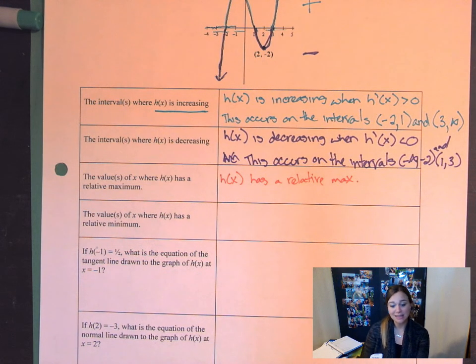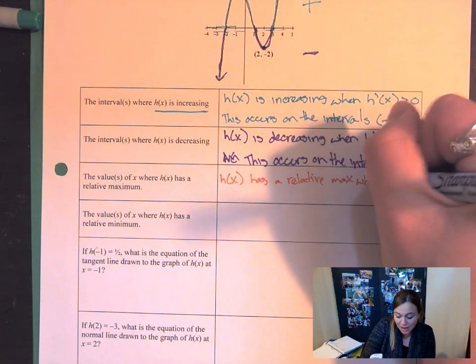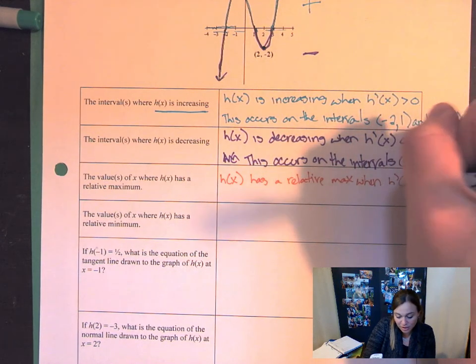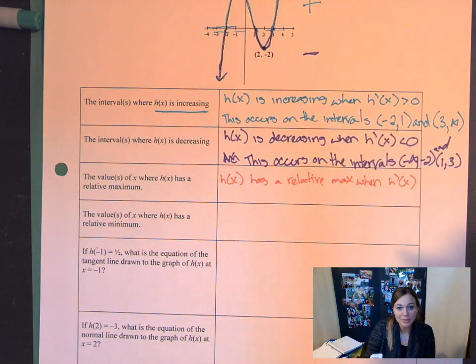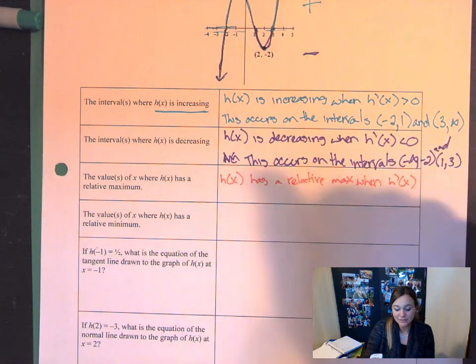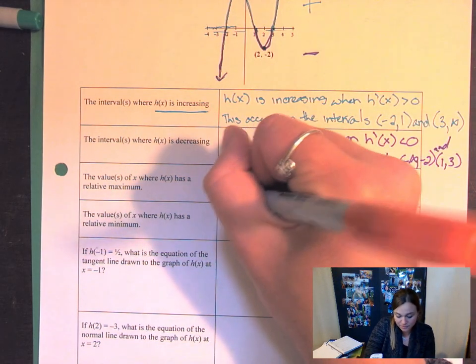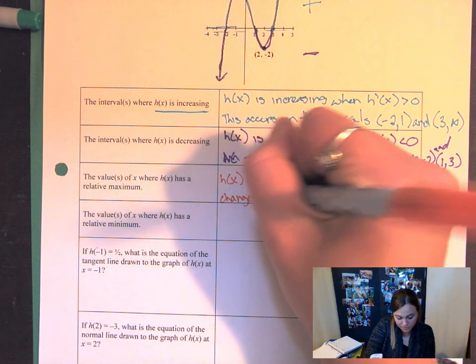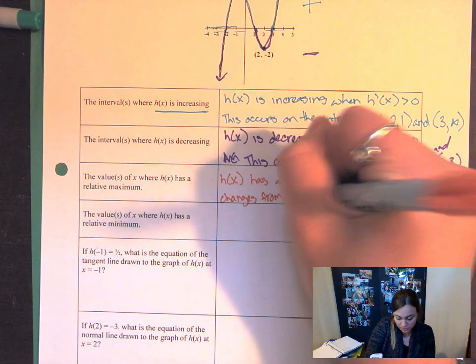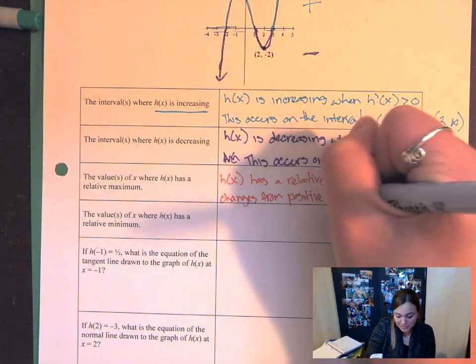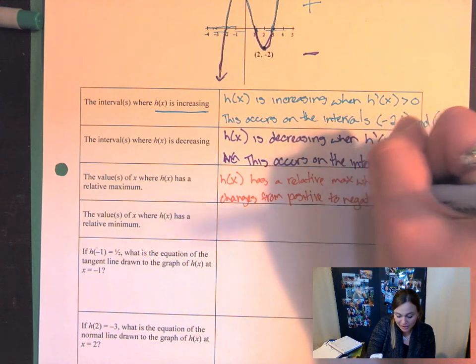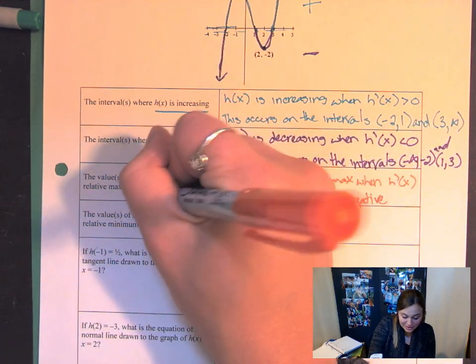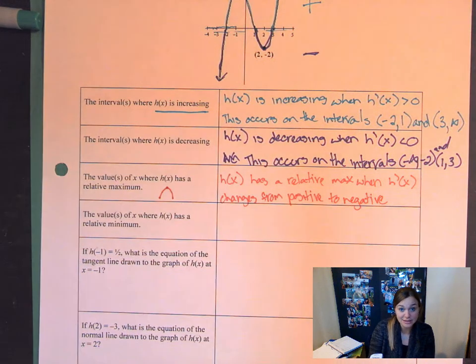I need to say even more. So I'm going to say when h prime is not just equal to 0, I want to say when h prime is changing from positive to negative. And the reason why, if you think about this, positive to negative would mean for h of x increasing to decreasing. So increasing to decreasing, positive to negative.